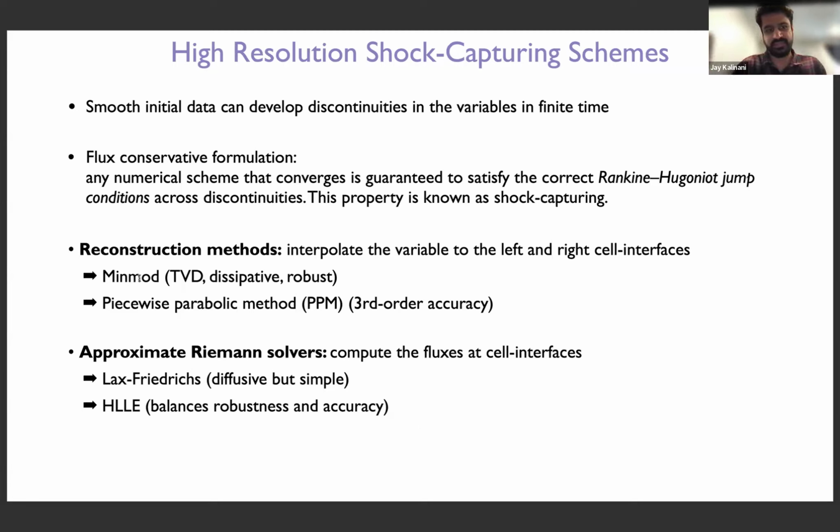And typically, the methods in use are such as minmod, or the more accurate piecewise parabolic method, which we call PPM. And then once you have your reconstructed variables at a common cell interface, you apply what we call approximate Riemann solvers to compute the fluxes at that common interface. And there are different approximate Riemann solvers, like Lax-Friedrichs as well as HLLE.